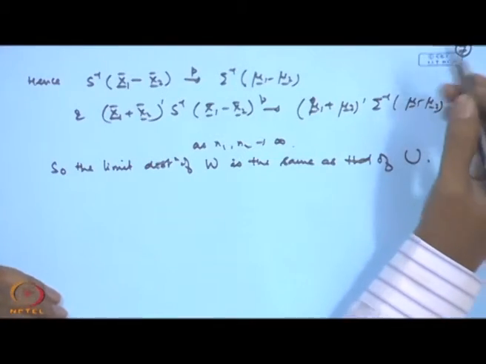Another procedure in testing was the likelihood ratio. Now, that procedure can also be adopted. So, I will derive the classification procedure based on the likelihood ratio criterion. Let us look at this.